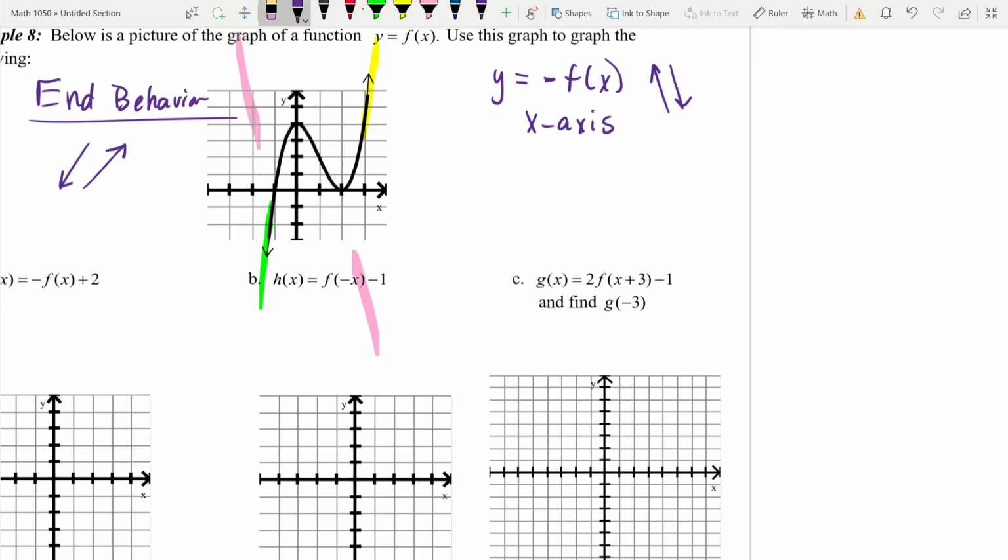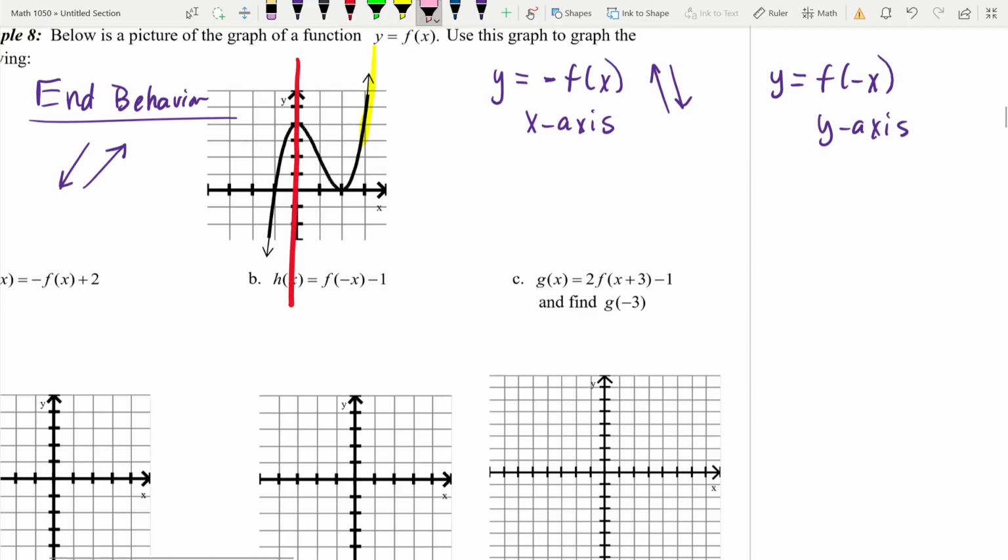Okay, let's talk about a y-axis reflection. Okay, so everybody over here write y equals f of negative x. Now the negative is within. That is a y-axis reflection. Okay, everybody watch this. Here's this yellow. If I fold it across the pink and reflect it, the yellow goes up there. If I fold it across the red, sorry.